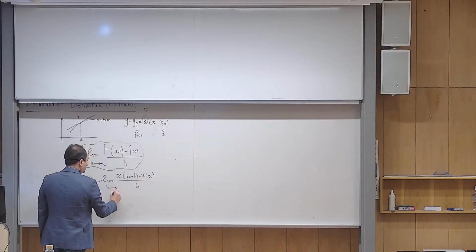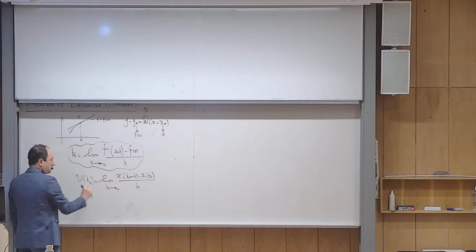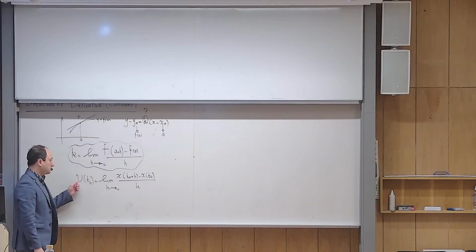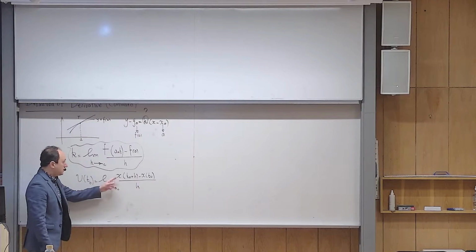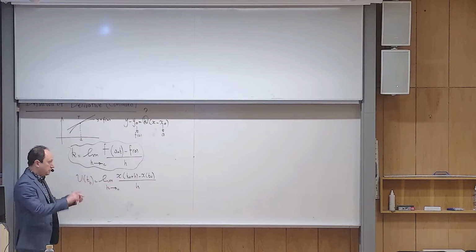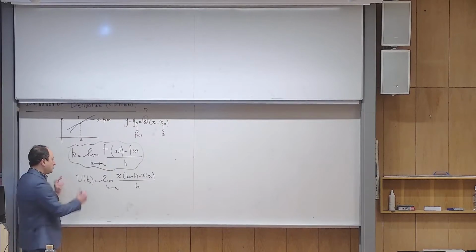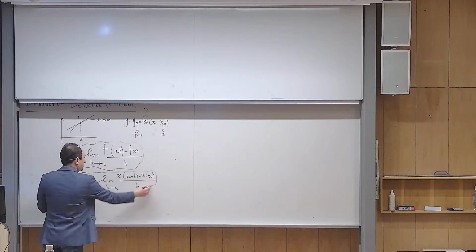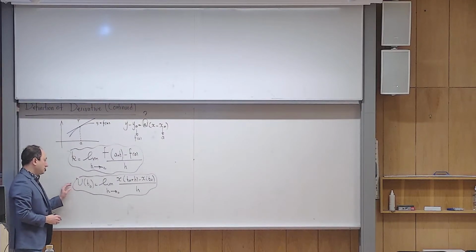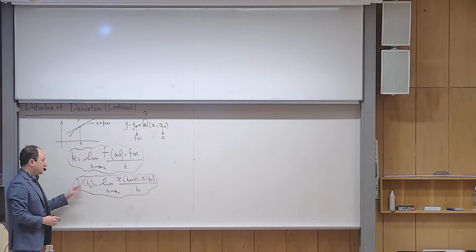h goes to 0. t node is the instant of time that you are interested in to find the speed of the particle at that point. And what is x? x is the position of your moving particle on the x-axis. So that was the formula that we also tried to motivate for the velocity of a moving particle at a given instant.